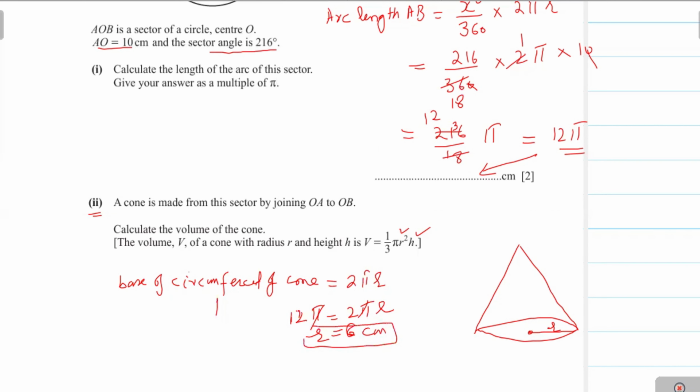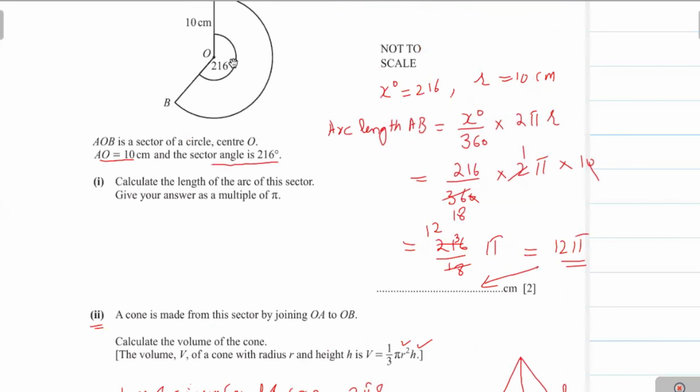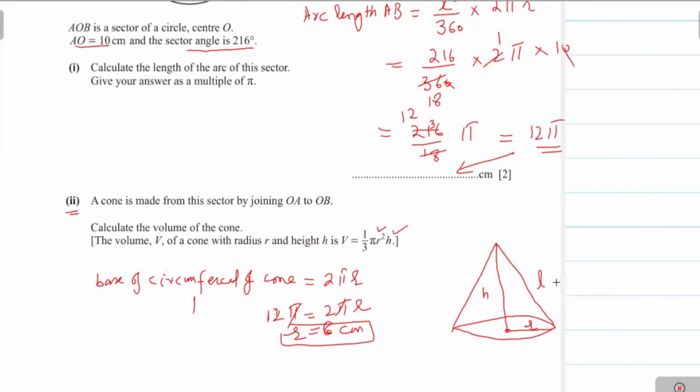centimeter. Next we have to find the height of the cone. We can find the height of the cone if the slant length of the cone is given. You see here, this cone is made by the sector. The radius of the sector equals the slant length of the cone. Therefore this length here is 10 centimeter.